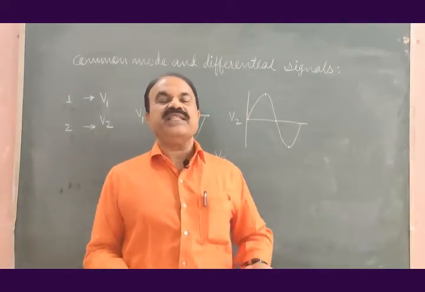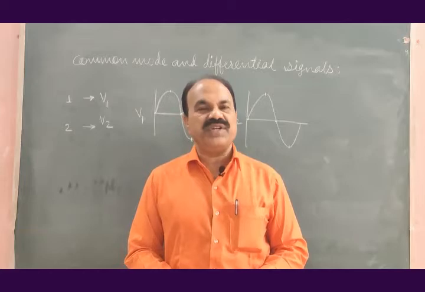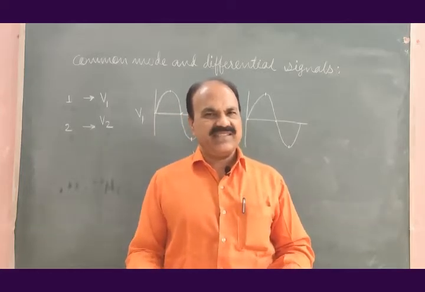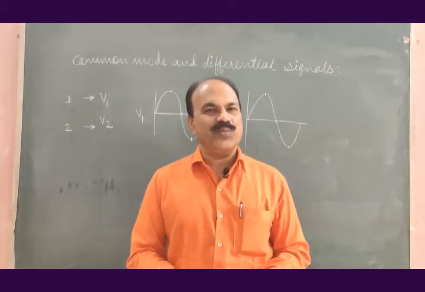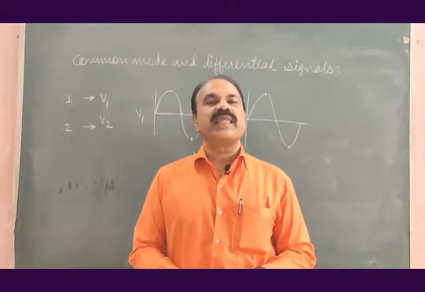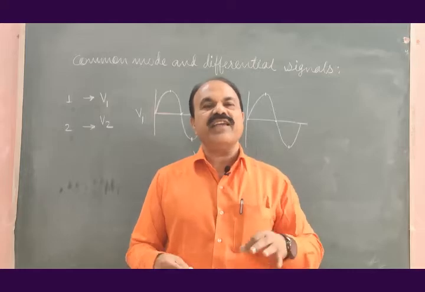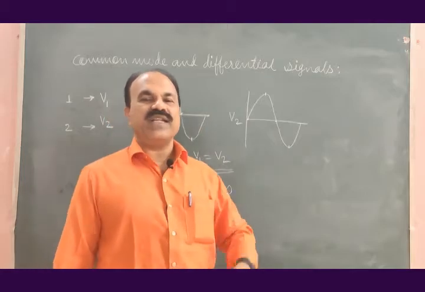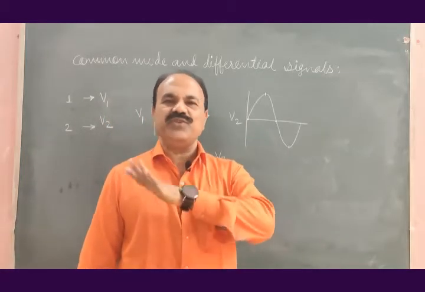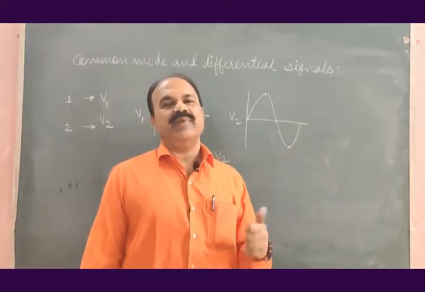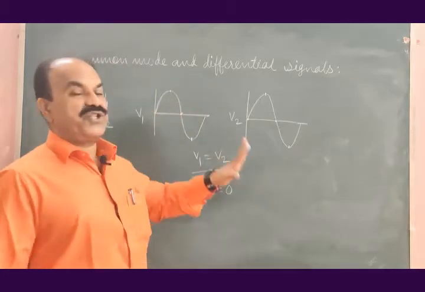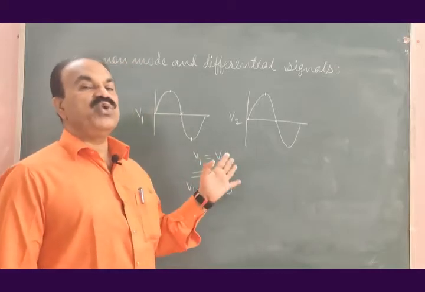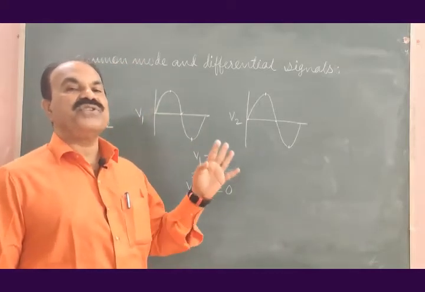Therefore this way of application of input voltage is meaningless, because it is not giving us any output voltage, and the differential amplifier is never used with common mode signals. Common mode signals are never given to the differential amplifier.